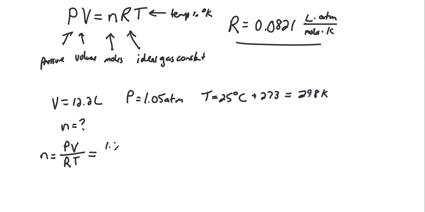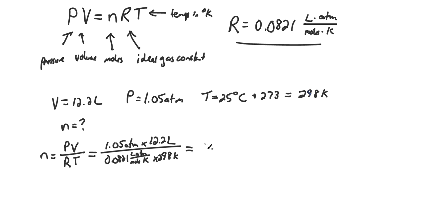Pressure is 1.05 atmospheres, and volume is 12.2 liters, over our R, which is 0.0821 liter atmospheres per mole Kelvin, times our temp of 298 degrees K.